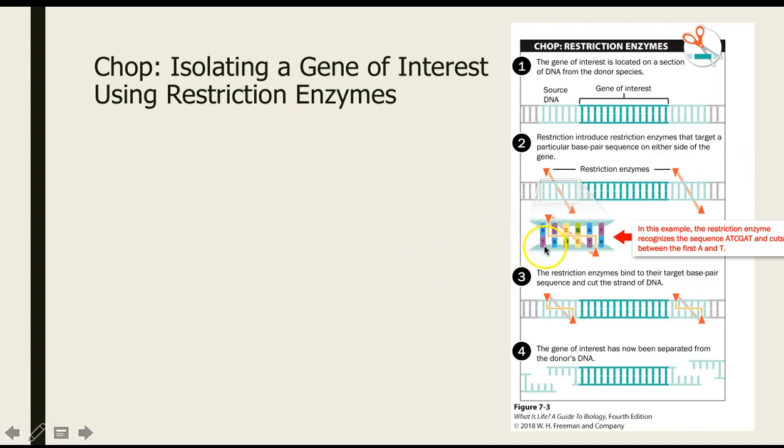Remember that DNA has complementary strands, so if the top strand is ATCGAT, then the bottom strand is backwards of it, ATCGAT. So that makes this a recognition sequence that is also a DNA palindrome. So snip, snip there, the enzyme goes snip, snip there, and now we have this gene of interest. It's separated from the donor DNA.